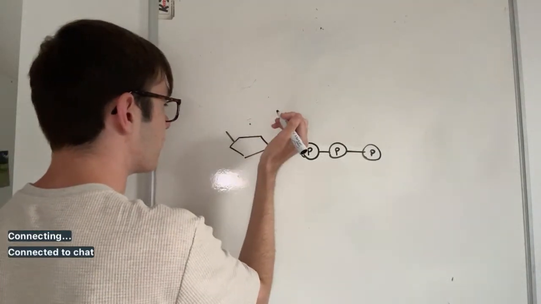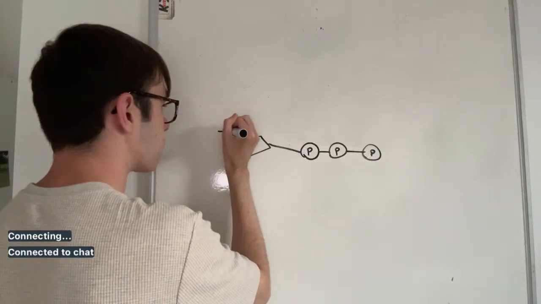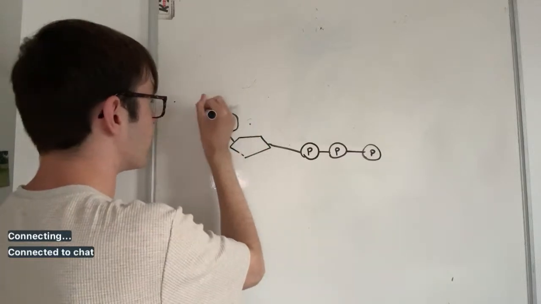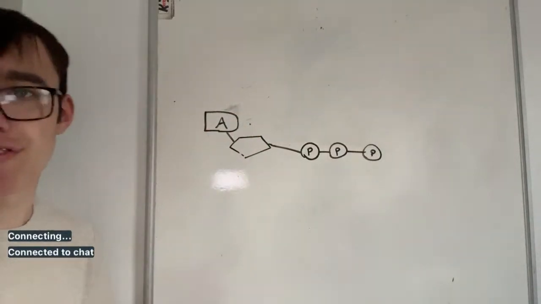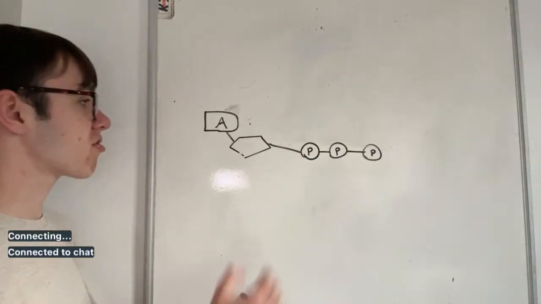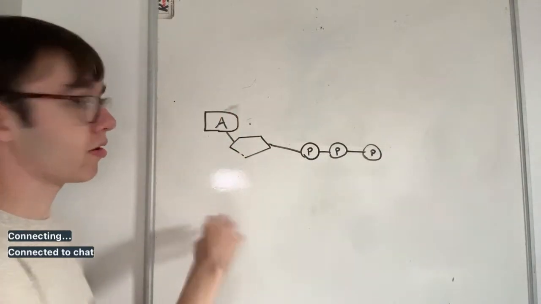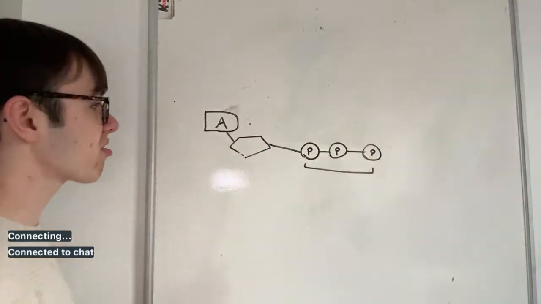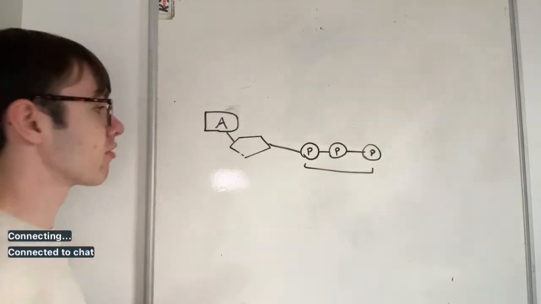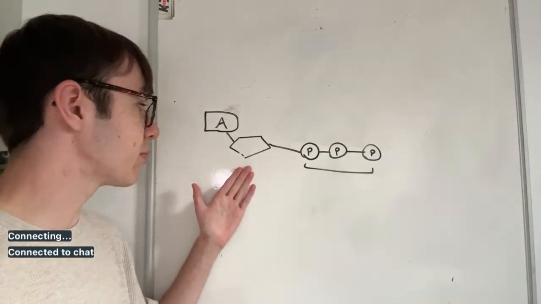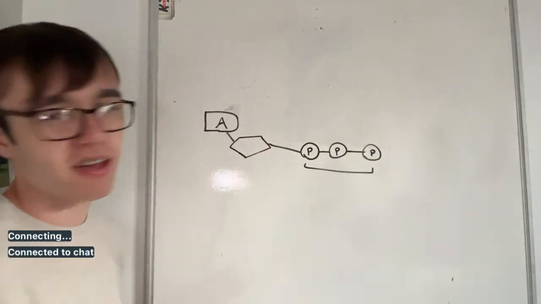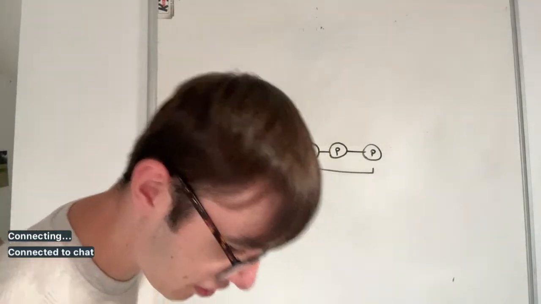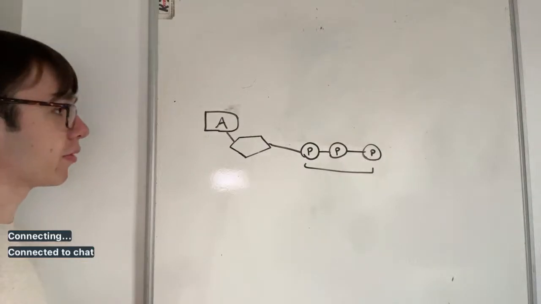Honestly, I forget how the structure looks, but this is all of the structural components, okay? So you have your adenine base, obviously it's adenosine triphosphate, those are your triphosphates, and that is a pentose sugar. I don't recall specifically which one it is, but I think in an exam you could probably get away with just saying it's pentose.